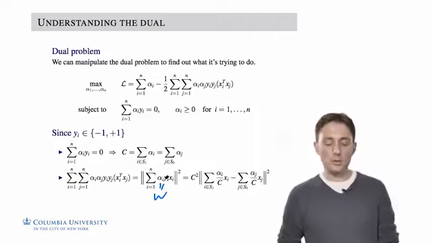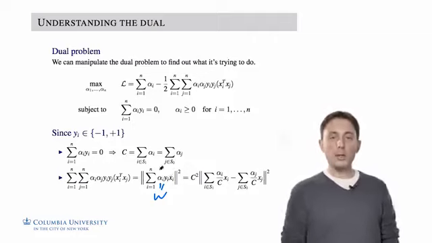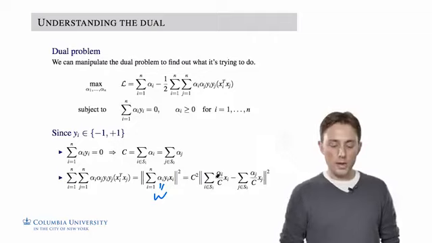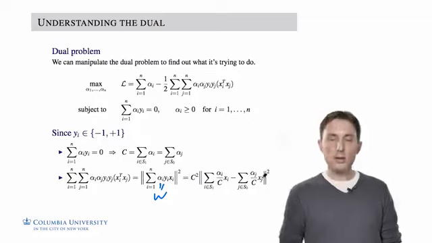So the magnitude of W squared, equivalently, we can write in this way, where we sum over all the data in class 1, alpha i xi divided by c, minus the sum over all the data in class minus 1 of alpha j xj divided by c.